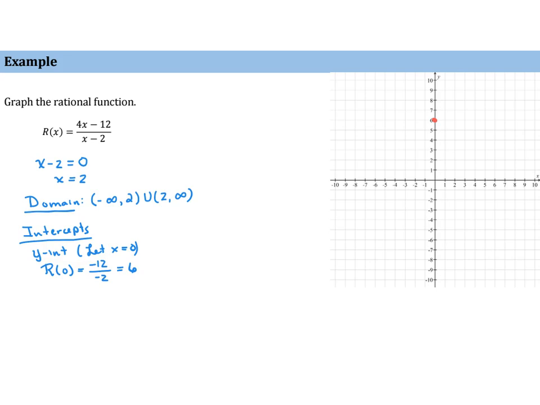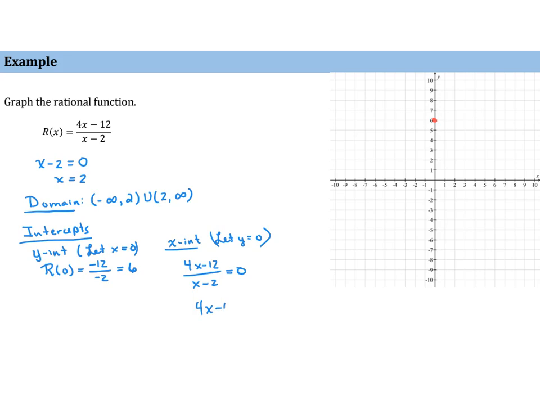Now, any x-intercepts. For this, we're going to let y equal 0. So we have 4x minus 12 over x minus 2, set equal to 0. Multiply both sides by the denominator and clear our fractions.